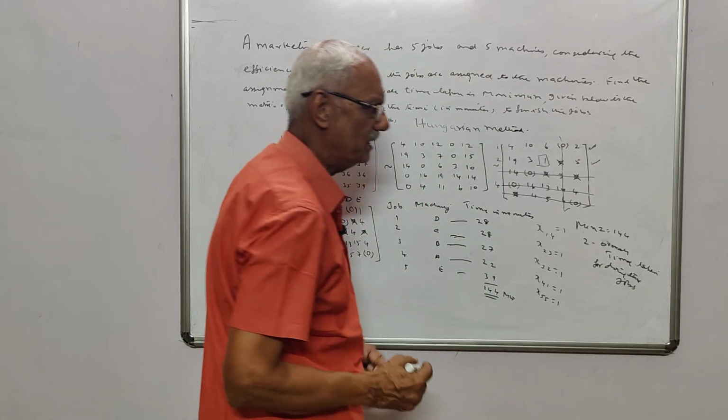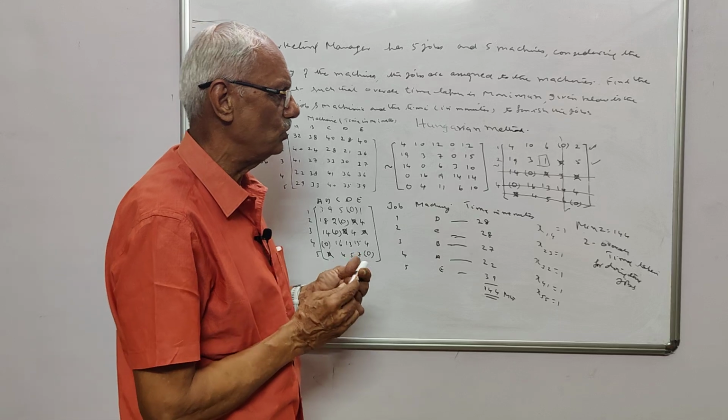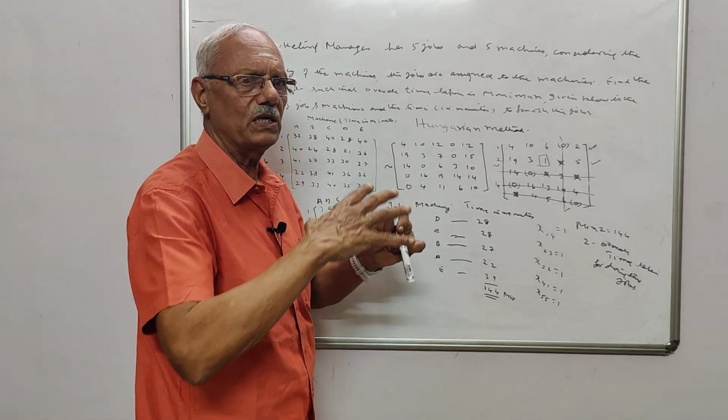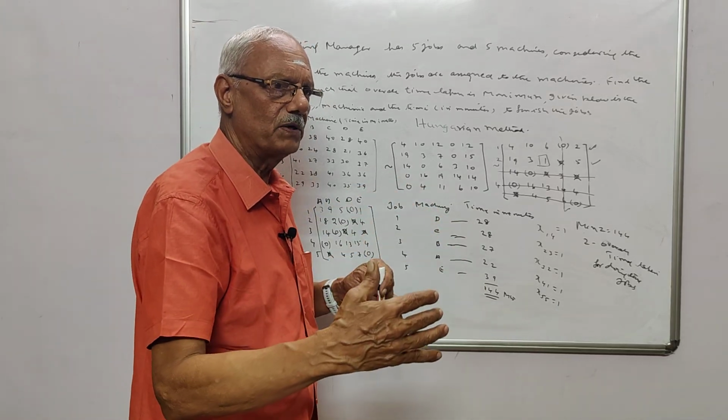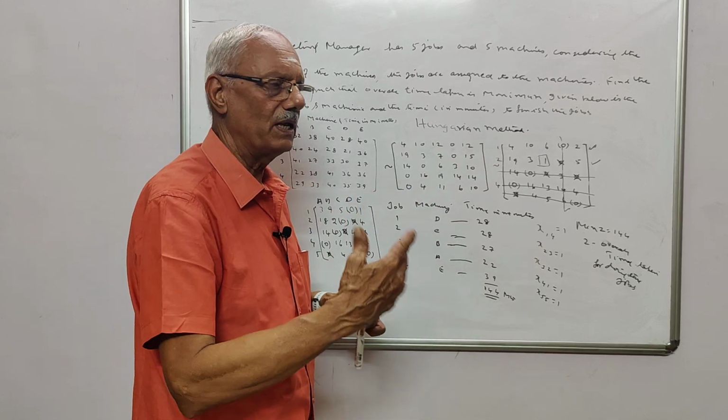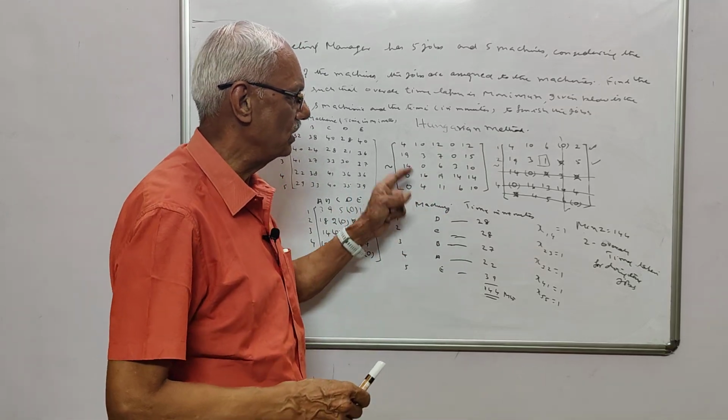That means you cannot consider one job or two jobs. You take all the jobs collectively and assign the persons so that the overall time taken is minimum. So this is how we do it.